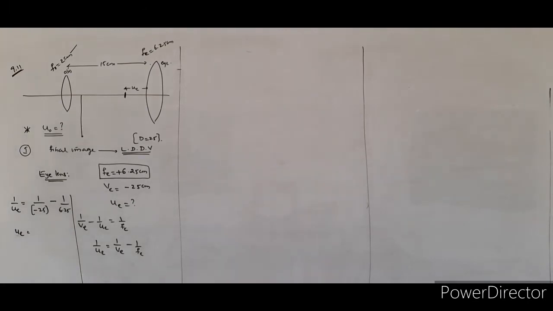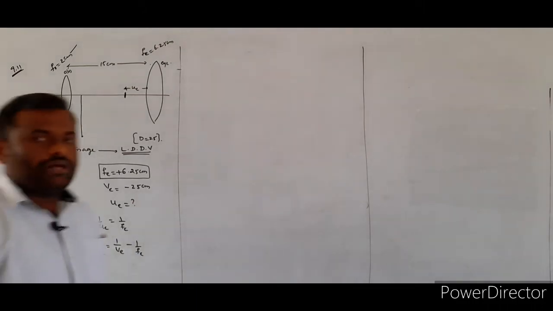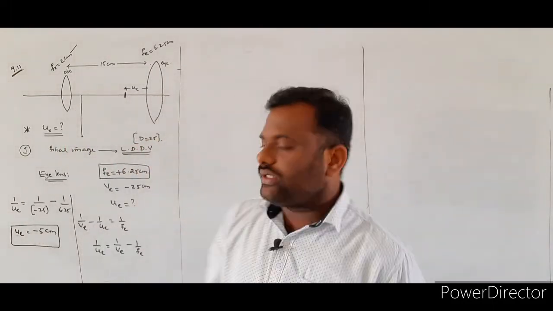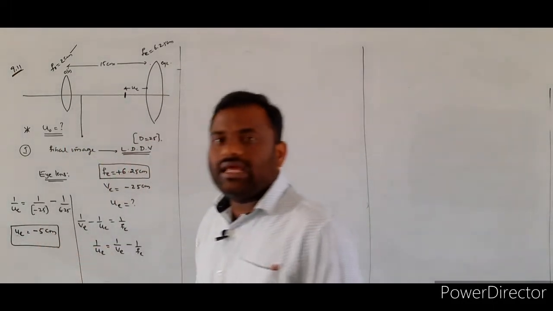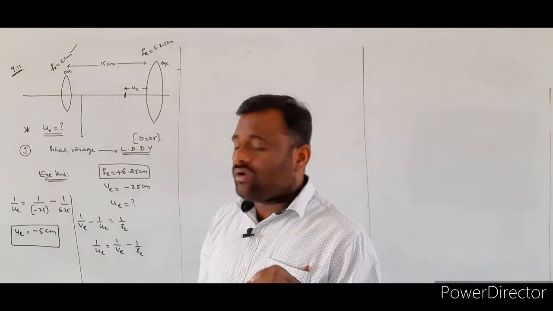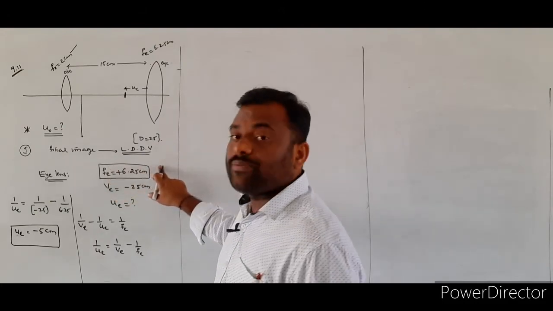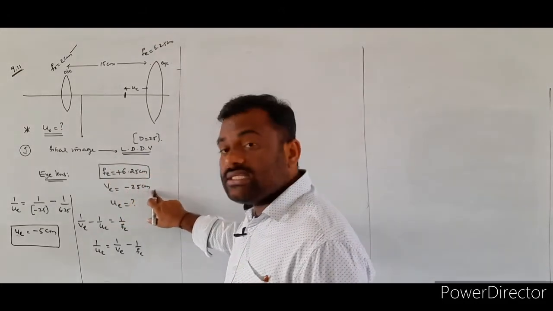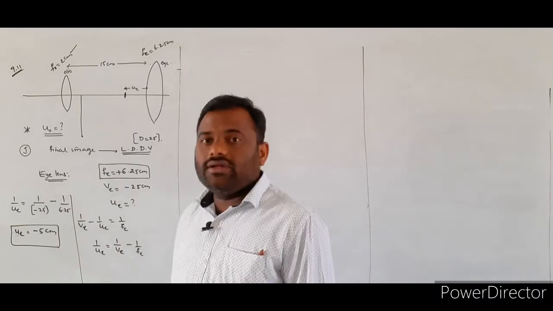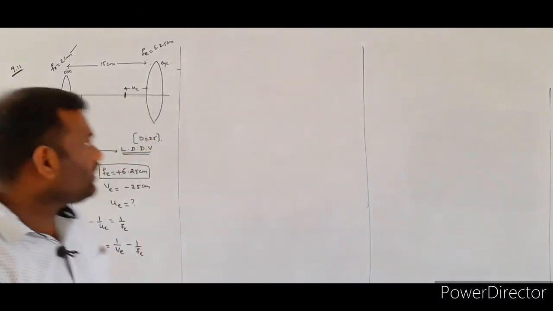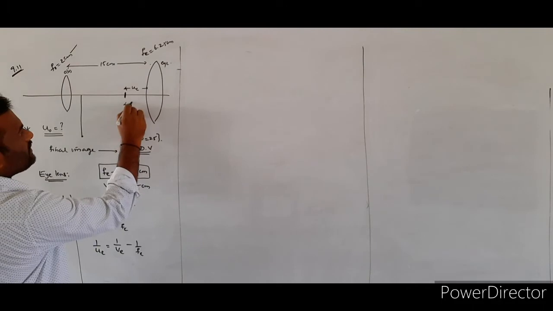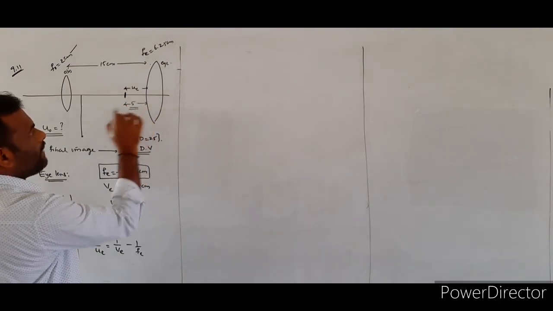If you simplify all these values, you will get the object distance for the eye lens, UE, is equal to minus 5 centimeter. That means from this diagram, this value is 5 centimeter in magnitude.